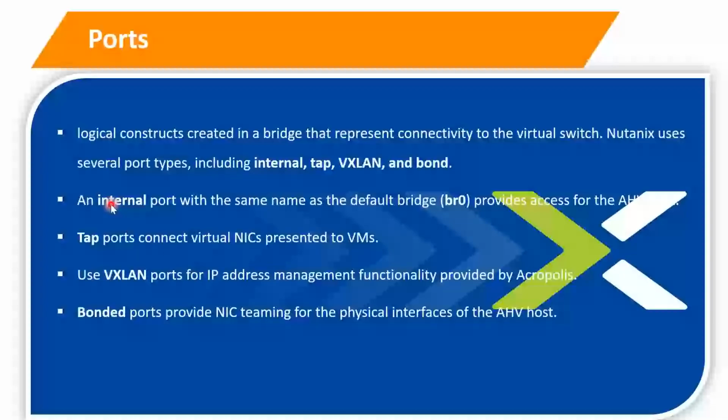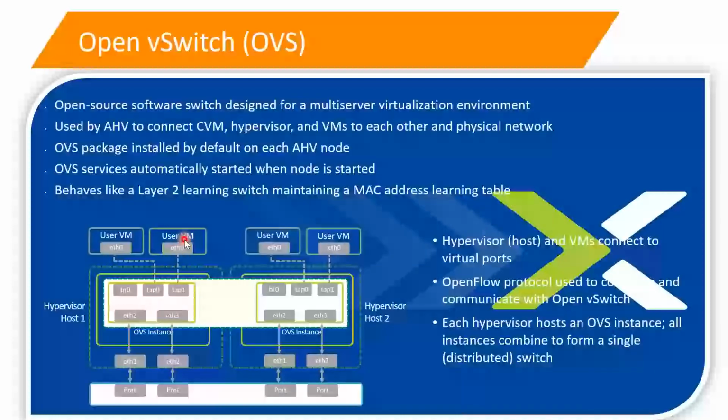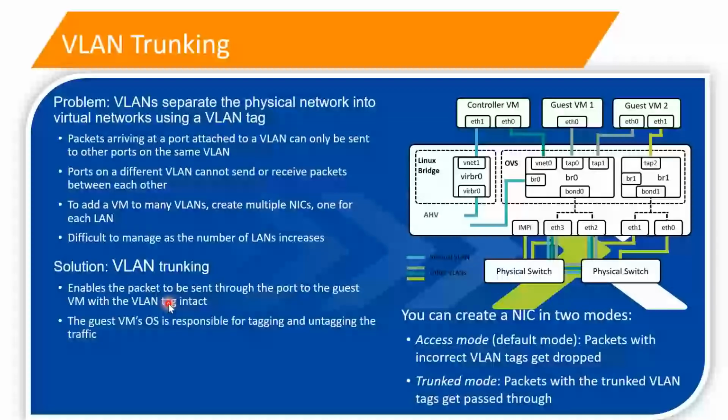Okay, and in each host we have different ports: internal ports, tap ports, and then VXLAN ports. If you see here, all the user VMs have the tap ports. The vnet0 and vnet1 ports are only for the CVM. Tap ports are for user VMs. And br0 is similar to kernel adapter ports.